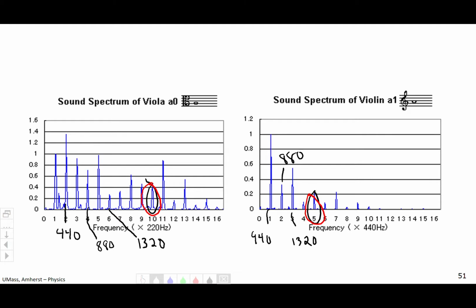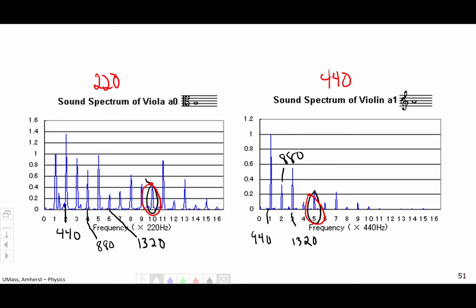Anyways, the point being that the base frequency in this case, 220, is the fundamental, and this one is 440. However, they have these matching higher harmonics that will sum together.